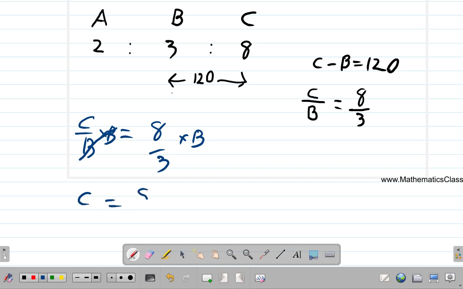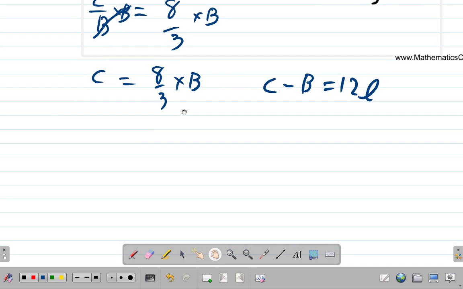So C would be equal to 8 divided by 3 times B. Now, we also know that C minus B is equal to 120. So what do we do? If we rewrite this, C would be equal to 120 plus B, because we add B to both sides.